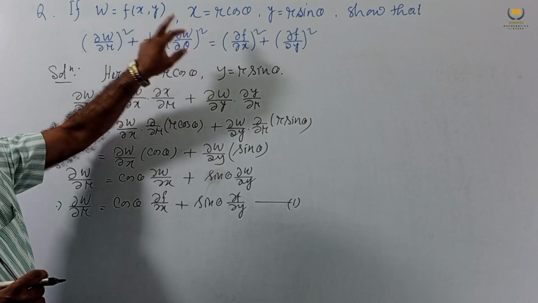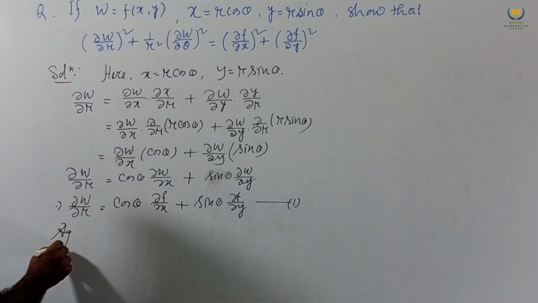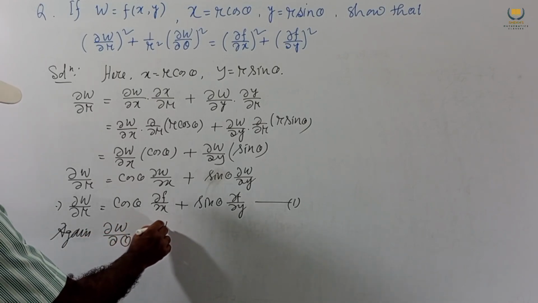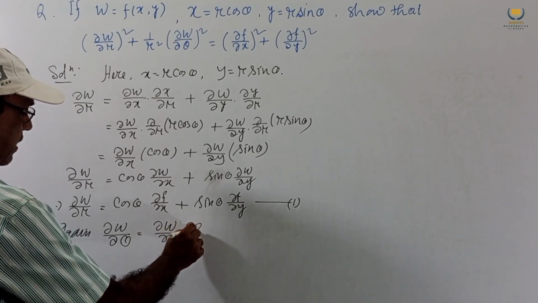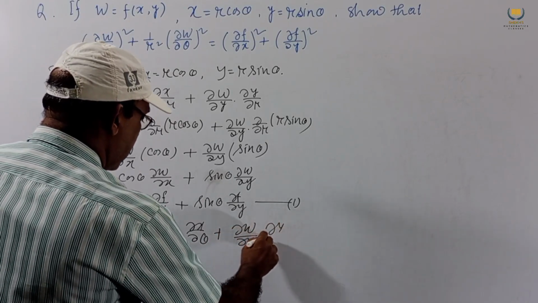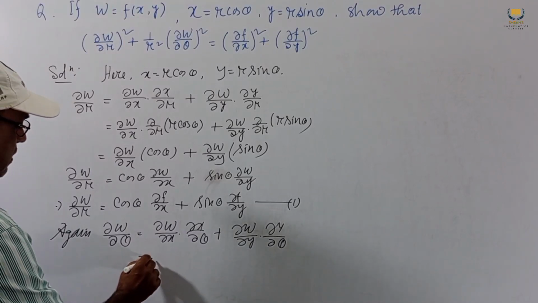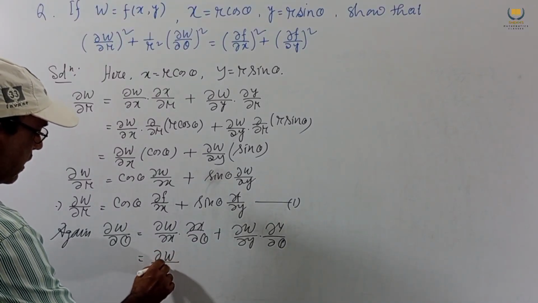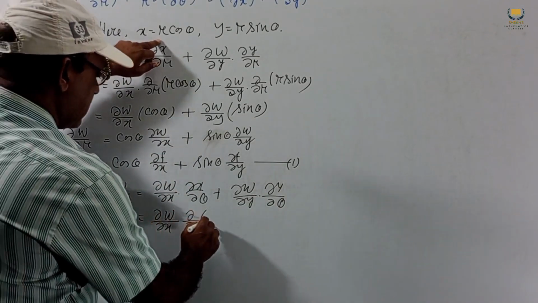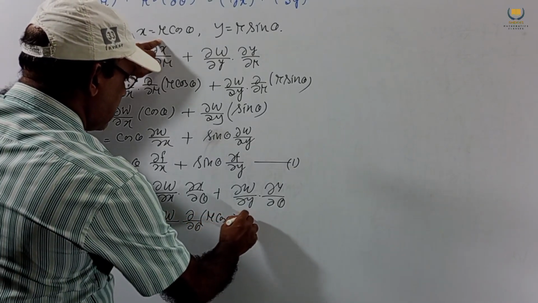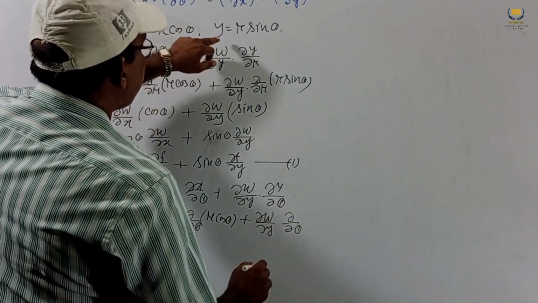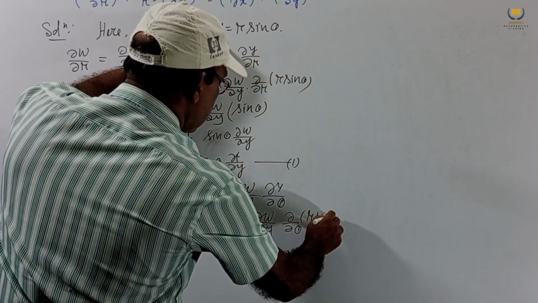Next you have to find ∂w/∂θ. Again ∂w/∂θ is ∂w/∂x ∂x/∂θ + ∂w/∂y ∂y/∂θ. x means r cos θ, and y means r sin θ.